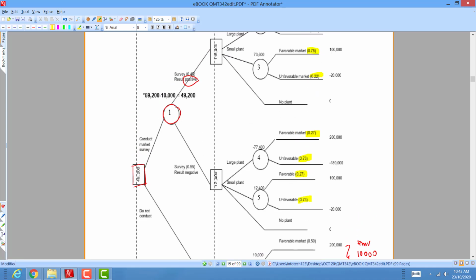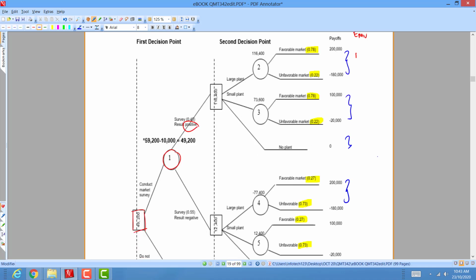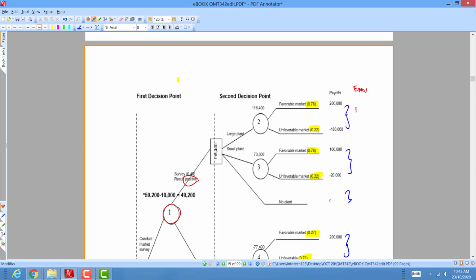Now we solve for the EMV value. Before this I mentioned to put the EMV at the end of our payoff branch. Here you have this one, 116, and I have here the value 11.